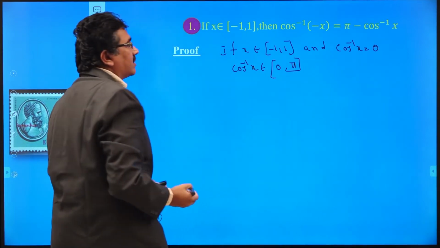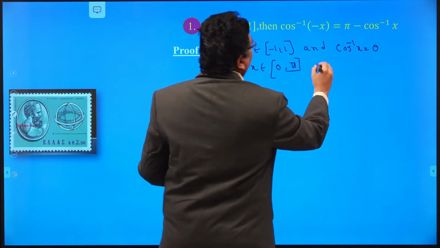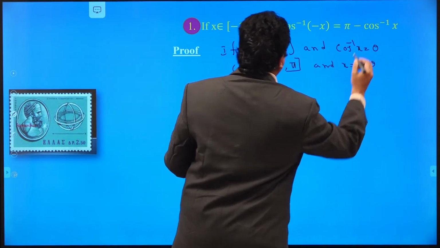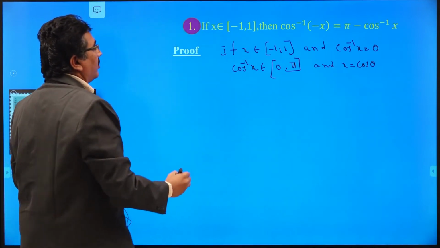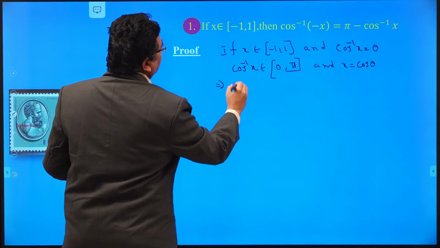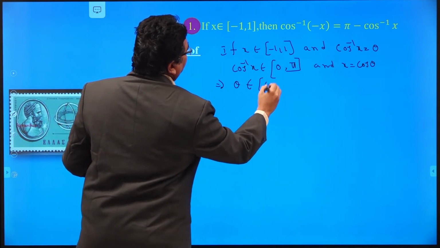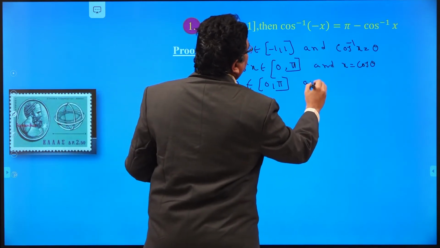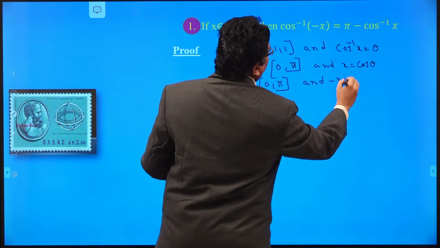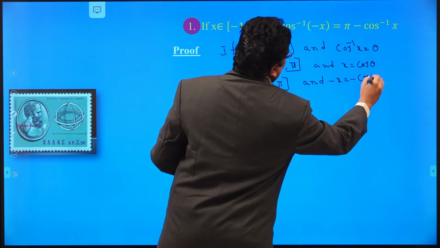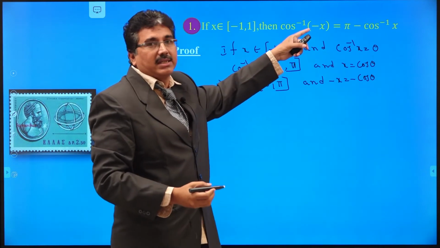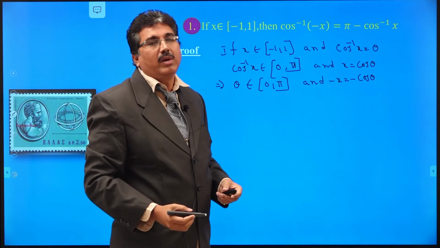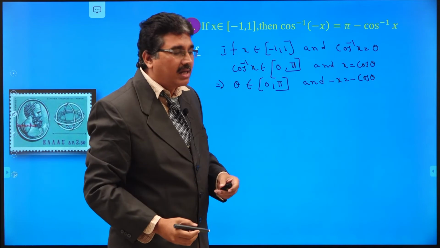Let x be equal to cos theta, so cos inverse x means theta belongs to the closed interval 0 comma pi. Taking minus x, minus x is equal to minus cos theta.